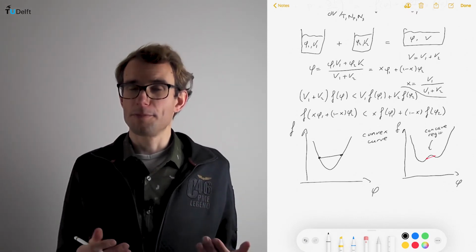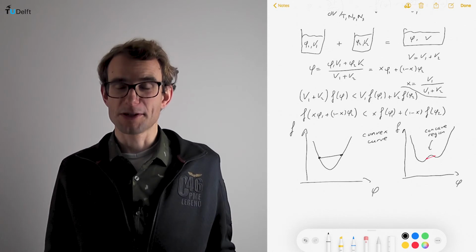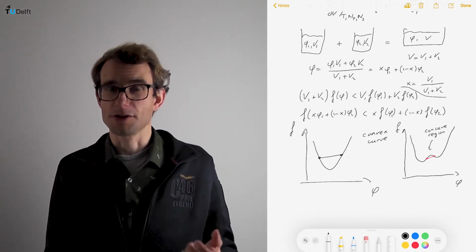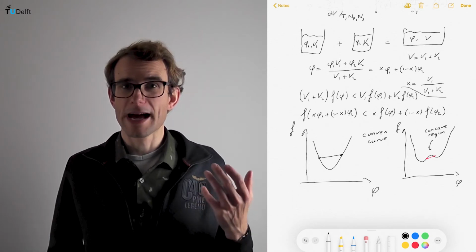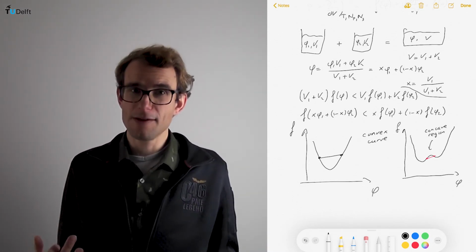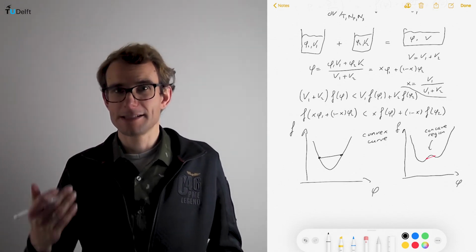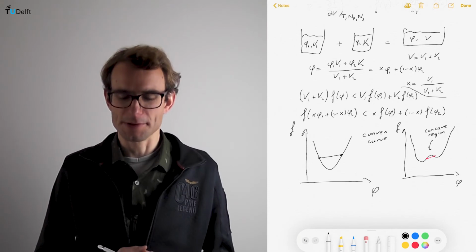Now, when does a curve become convex or concave? Well, this is a pretty easy question to answer if you know the function. Because a convex curve has a positive second derivative everywhere. A concave region has a negative second derivative. And of course, then there's a point where we switch from one to the other.